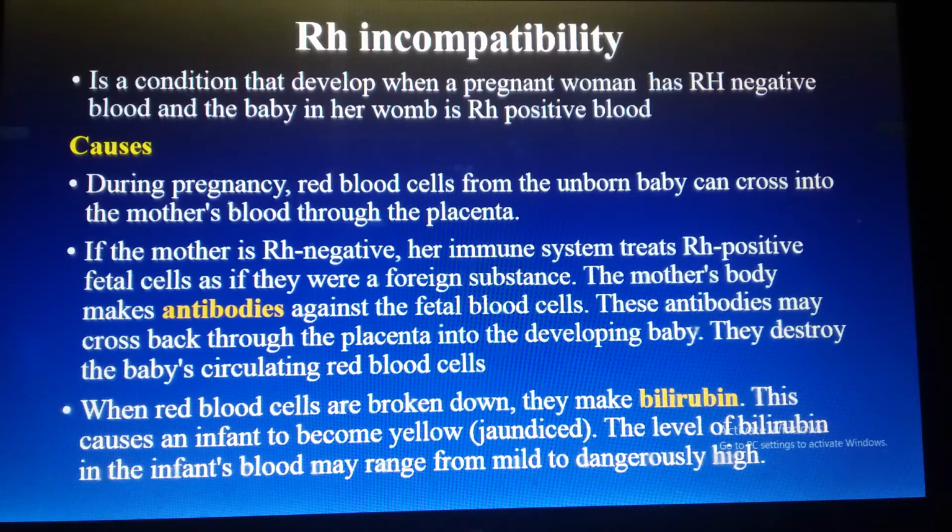So what will happen? Again, the blood will move back.